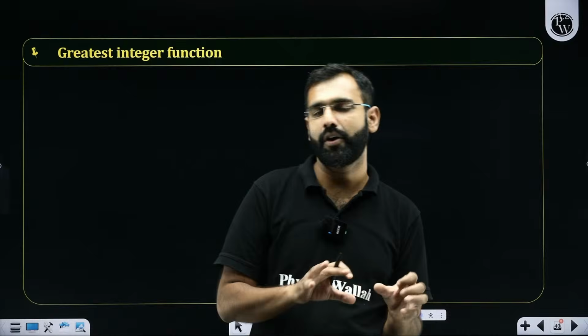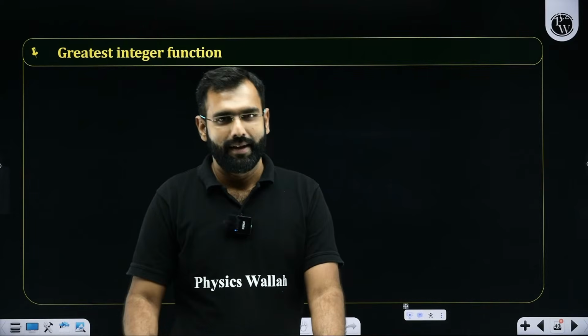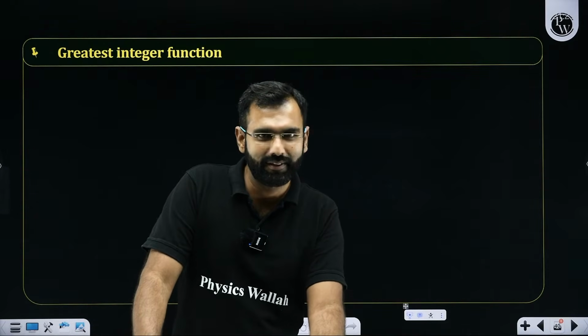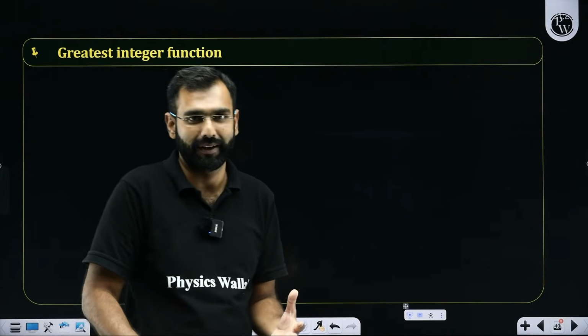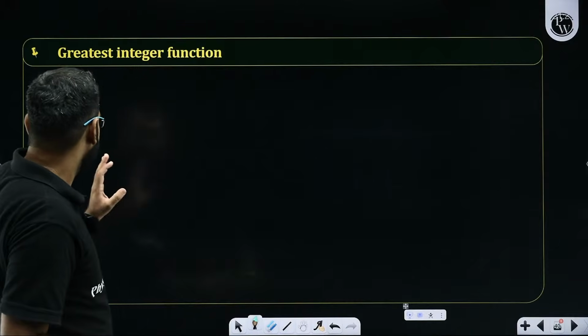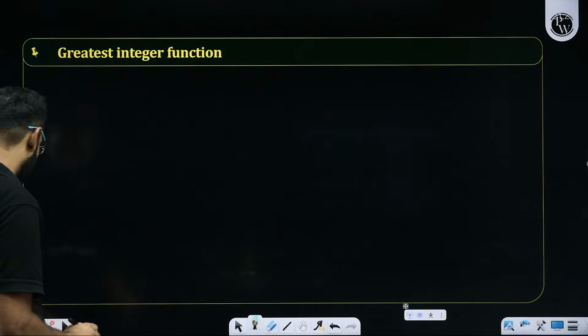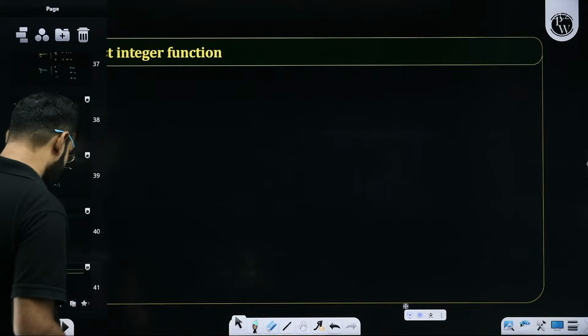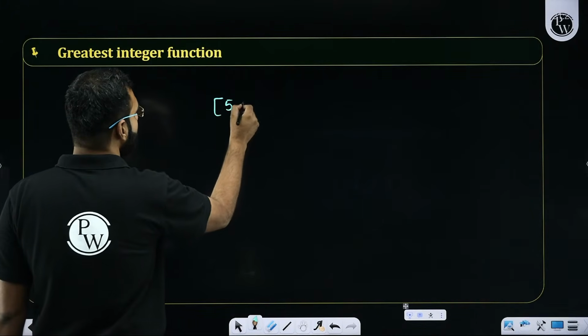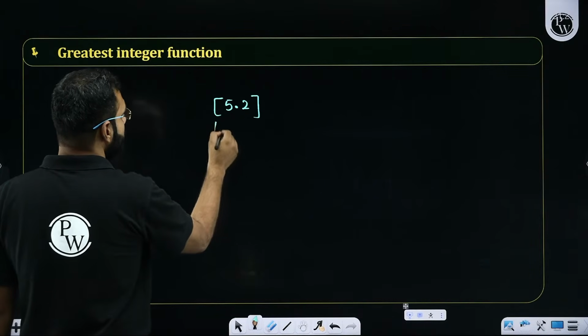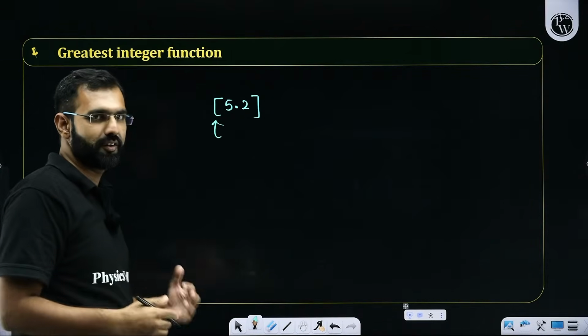No, it's not shortening of a number. The greatest integer function is a very interesting function where students do get confused. So let me first clarify what GIF is. Let's say I'm asking you to find the GIF of 5.2. This parenthesis sign is reserved for GIF.